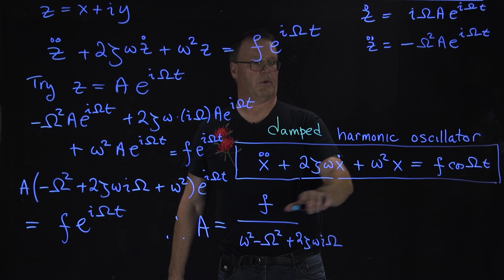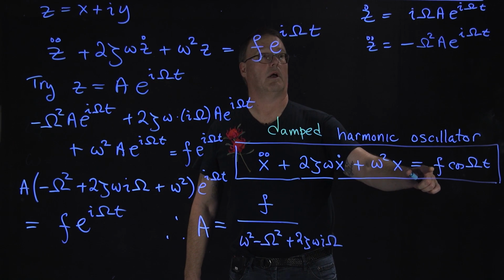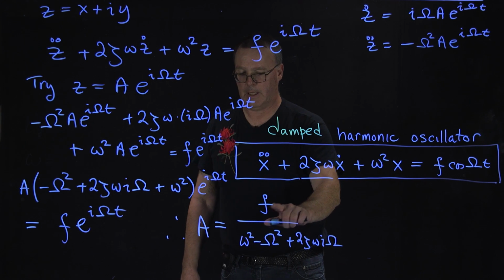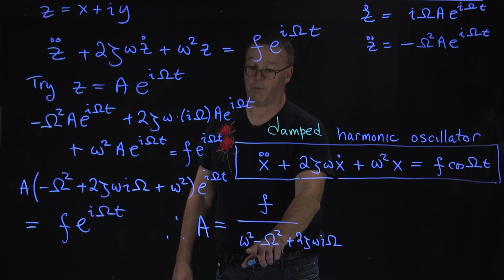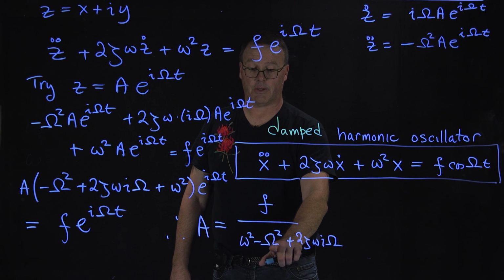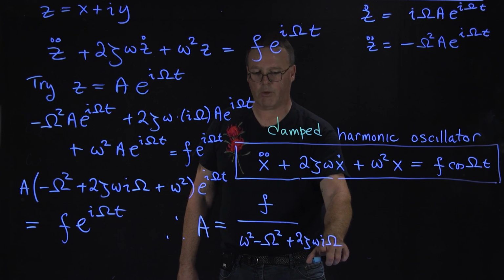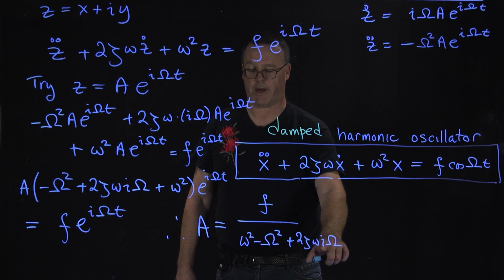Well, we started with a real big F, and there's therefore a real little f. So this is real. The natural frequency is real. The forcing frequency is real. The damping is real. Okay, the only imaginary part is there.